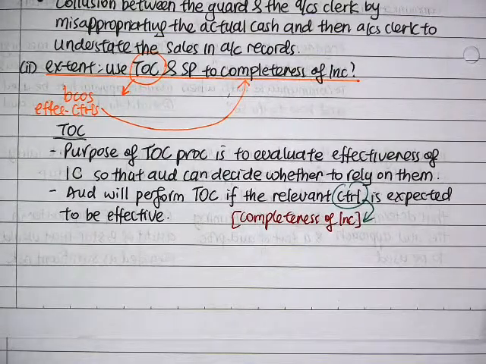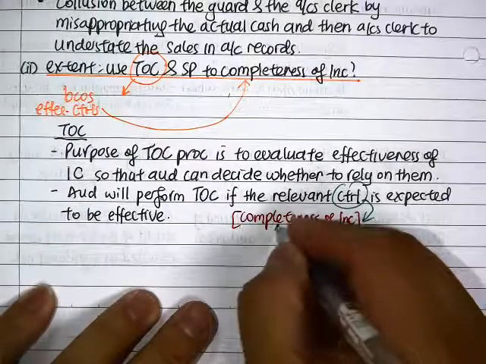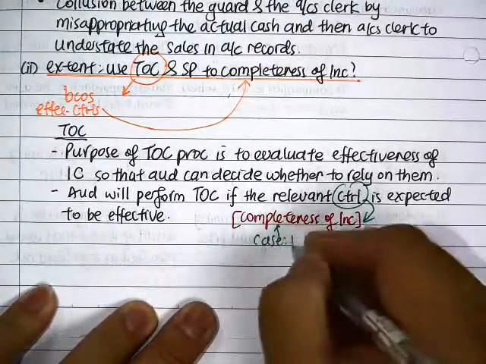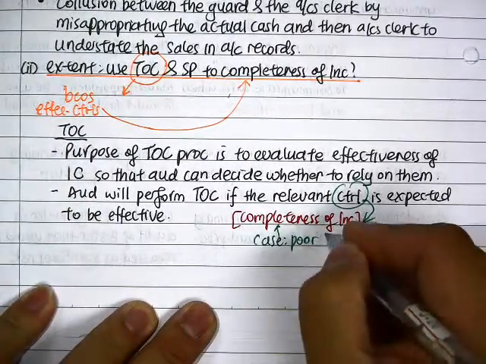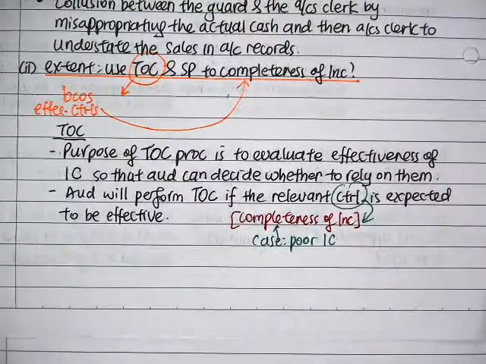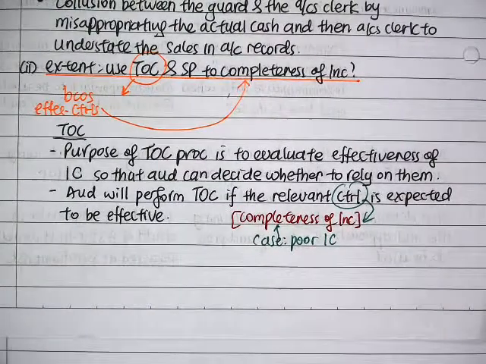That's why they ask you in part B number 1 to give you some hint. They already tell you completeness of income. They already ask you about the risk. And it seems like we identified quite a number of problems. So we can look from the case study that there seems to be quite poor internal control. If you have very poor internal control, then what's the point of testing the control? The control is not good. So that's what you're going to explain here.